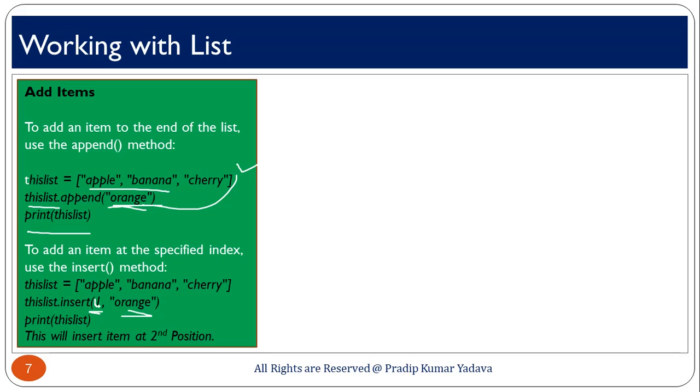Here you can pass 0, meaning this will be the first item. If you write 2 here, this will be the third item. So, you can add at any position wherever you want by using the insert method. Okay. Because we have to pass the index and then the item. So, these are two methods which are used to add an item in a list.